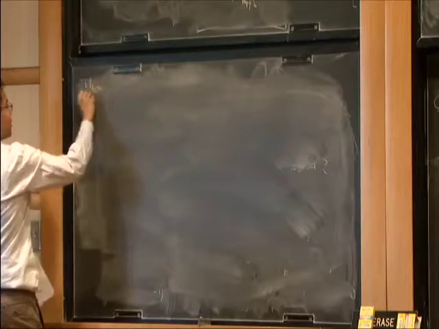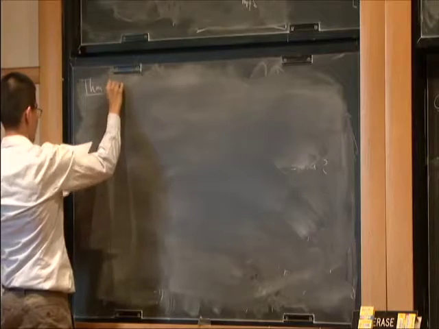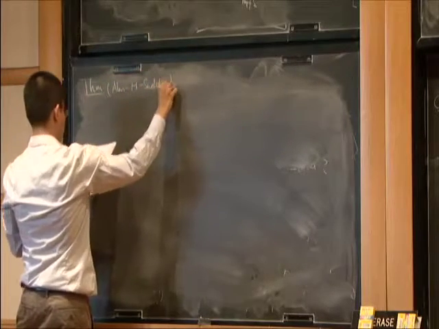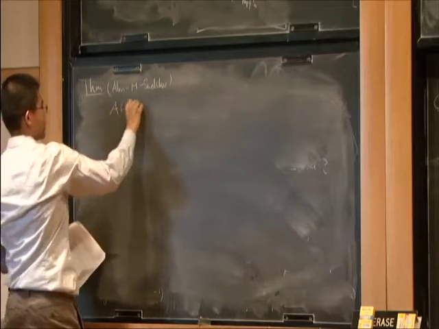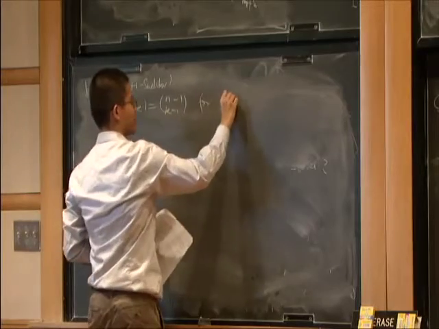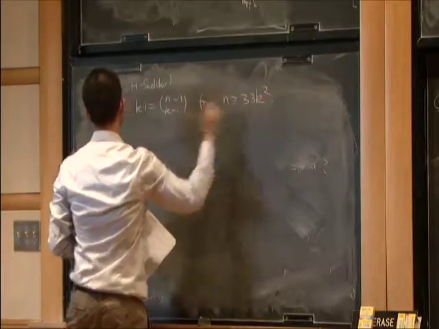All right, so let's see how we prove it. We want to show that A_nk is equal to n minus 1 choose k minus 1 for n greater than or equal to 33k squared.